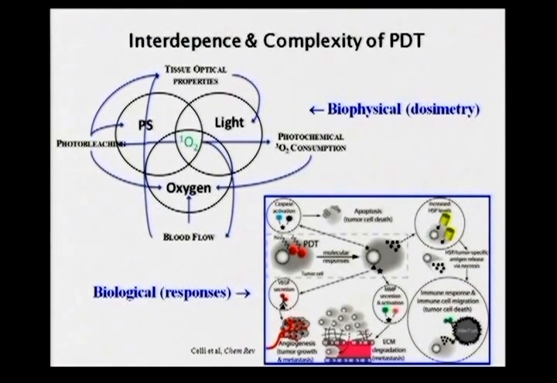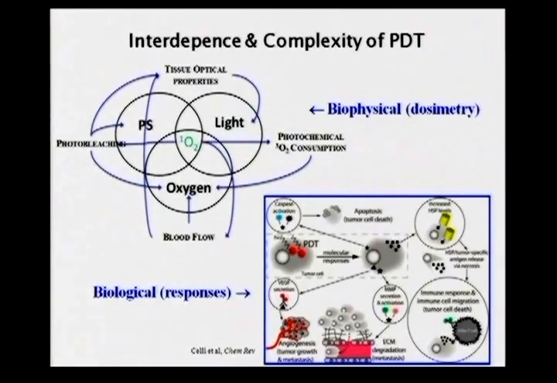parameters. Not only are they interdependent, they change dynamically during the treatment. So for example, if you give the treatment and you reduce the amount of oxygen, either because you photochemically use it or you have vascular shutdown, then you will reduce the rate of photobleaching of the photosensitizer.